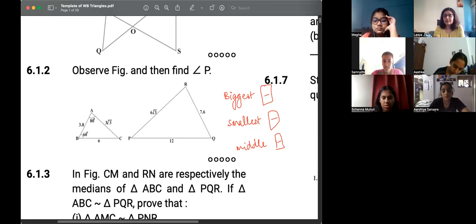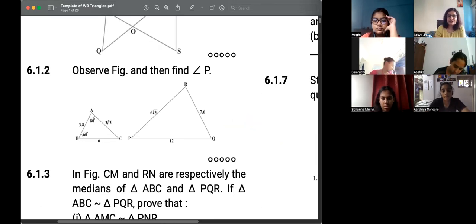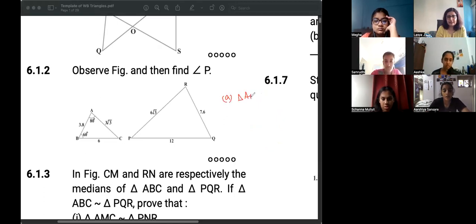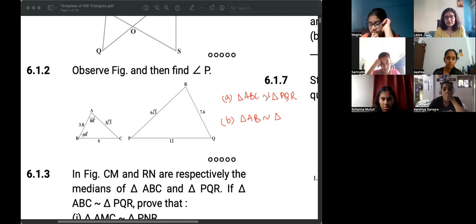All right. Another thing, here which two triangles are similar? Option A is triangle ABC similar to triangle PQR. Option B, triangle ABC similar to triangle QRP.